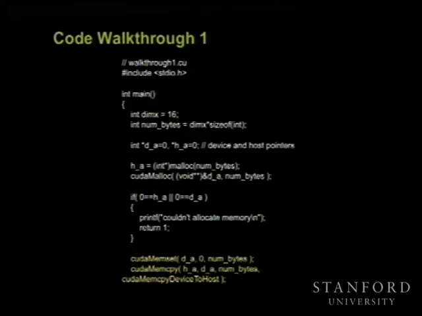This is a little small for people in the back, I apologize. If you just want to fill huge arrays with a number, you can do it this way. You don't even need to call a trivial kernel. And again, the cudaMemcpy syntax, which I think I've explained enough at this point.